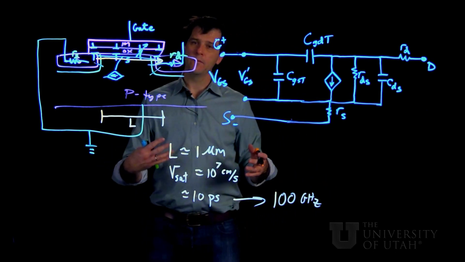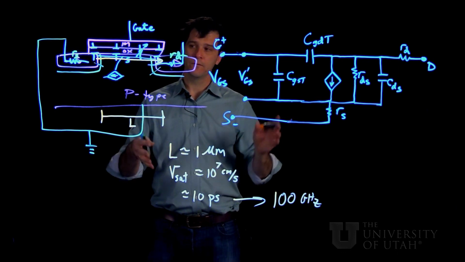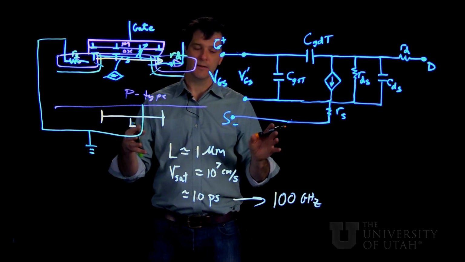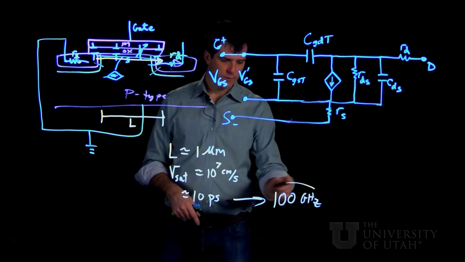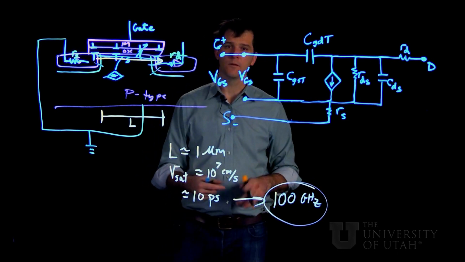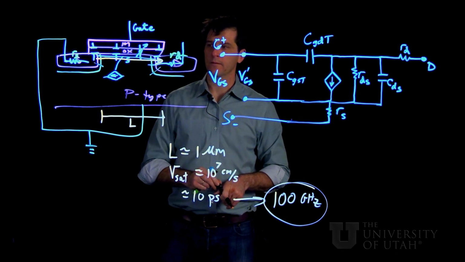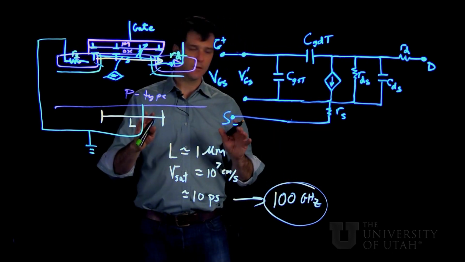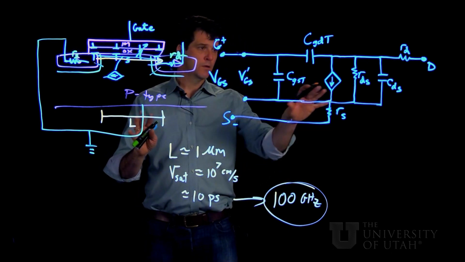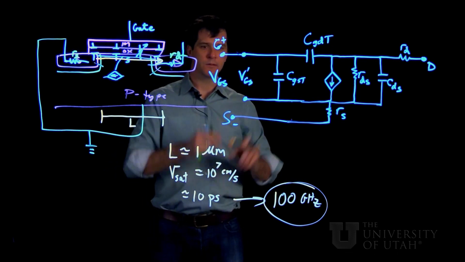So it turns out that this is not the limiting effect. This frequency is much, much higher than typical cutoff frequencies for MOSFETs. So we need to look deeper into the effects that happen because of this circuit.